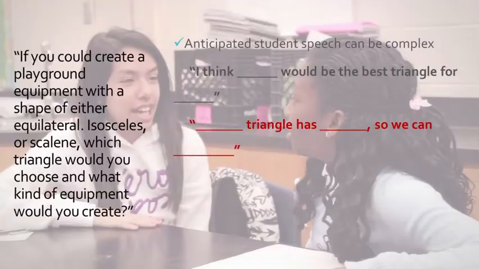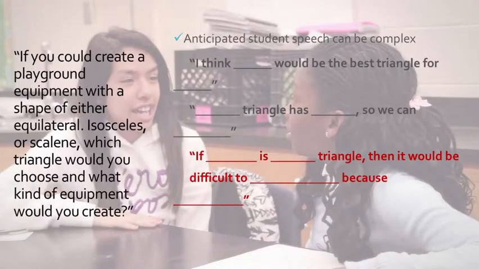The partner may ask, why don't you use equilateral or isosceles for the slide? Well, if the slide is equilateral or isosceles triangle, then it will be difficult to climb or slide down because the stairs and the slide will be the same length. Your students' ideas may include designing monkey bars, running tracks, a swing, etc.